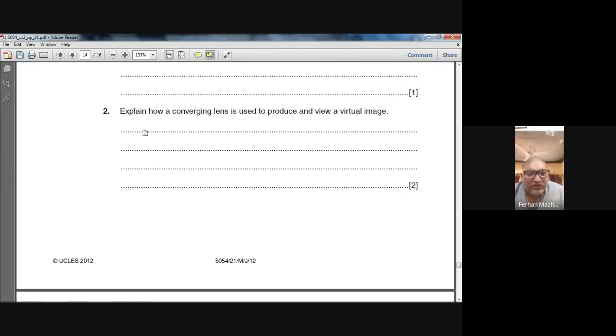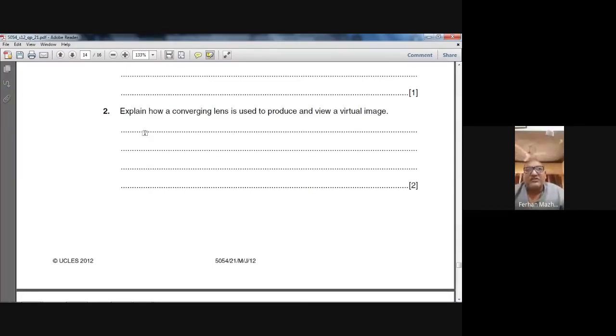So we will use a converging lens and I will place the object within the focal length of that lens. When you place the object within the focal length of a converging lens, the converging lens will form its virtual image. That image will be virtual, that image will be magnified, and we call this situation magnifying glass.